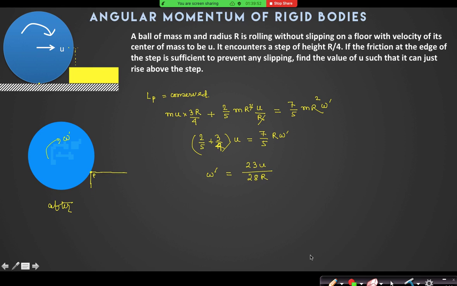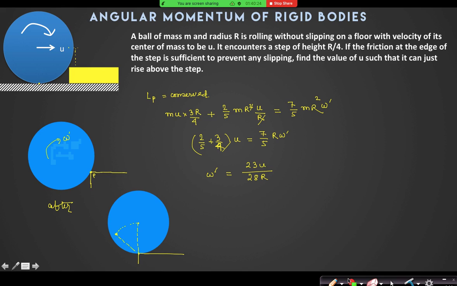Now as it starts rotating with omega prime, finally when it will just rise above the step, I can assume its omega to be 0. Initially it was here, so its center of mass has moved up by some distance.